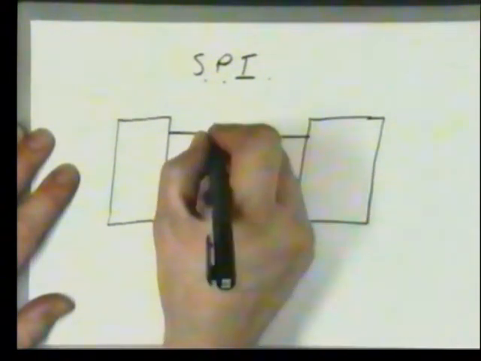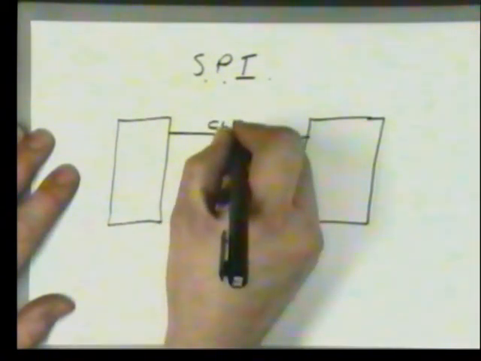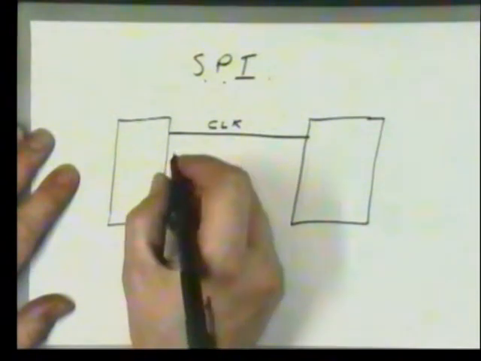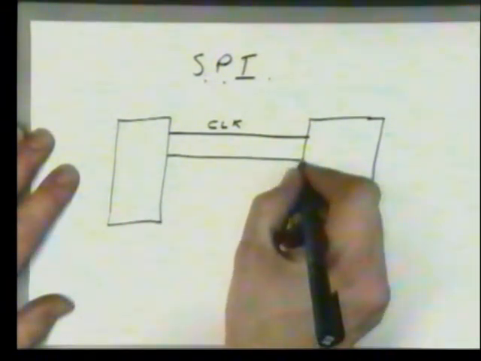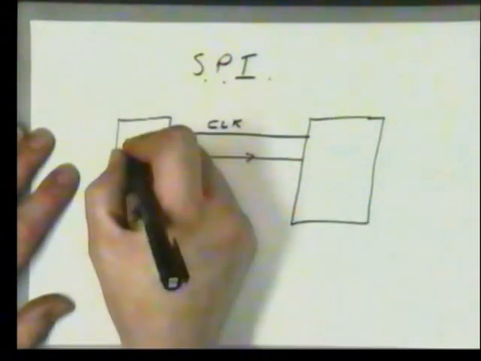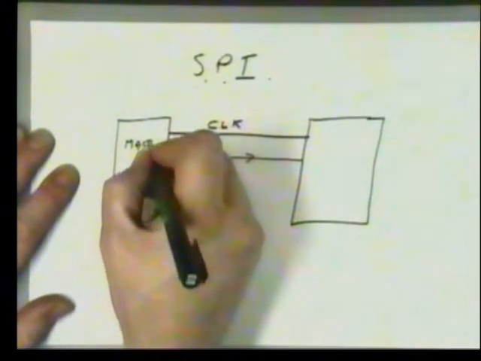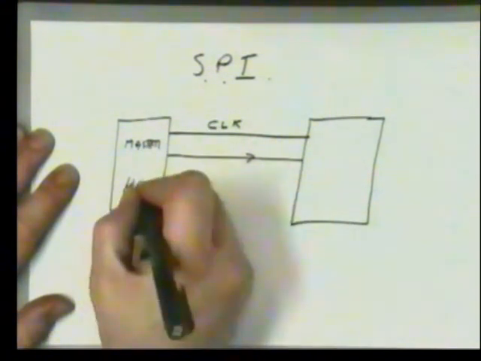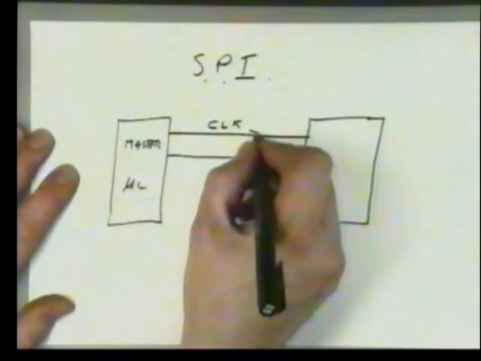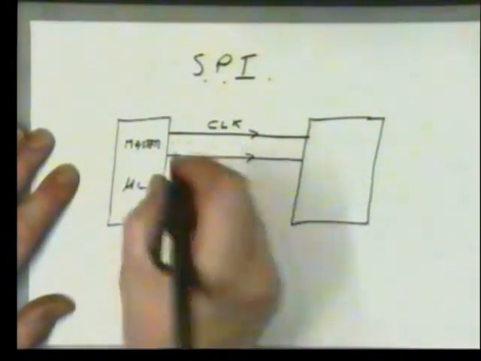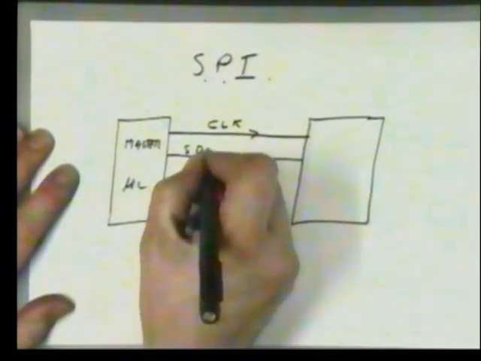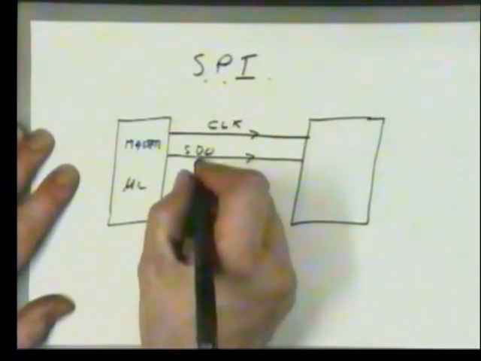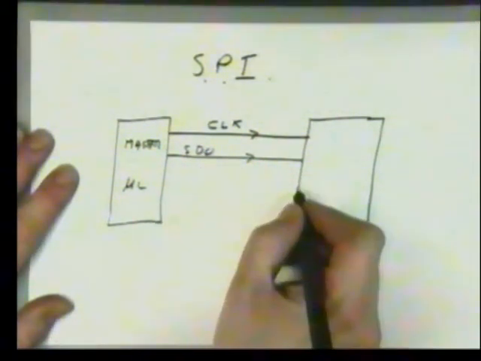One of the wires will be the clock. One of the devices is designated the master, usually our microcomputer. So it generates the clock, and it has a SDO, serial data out wire.